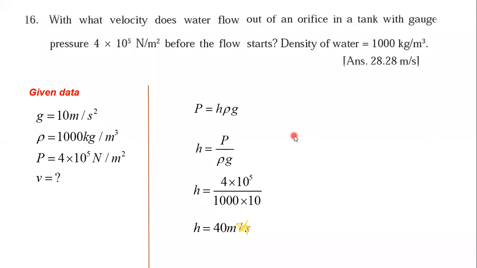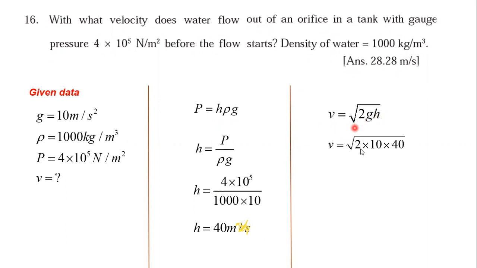40 meter is the height. Now we know that by Torricelli's law, speed of efflux is equal to the speed of a freely falling object. Means V is equal to under root 2 g h. We get h 40 meter. So we substitute here, and g 10. So 2 into 10 into 40. It is coming 400 into 2, under root 400 into 2, which is equivalent to 20 root 2.